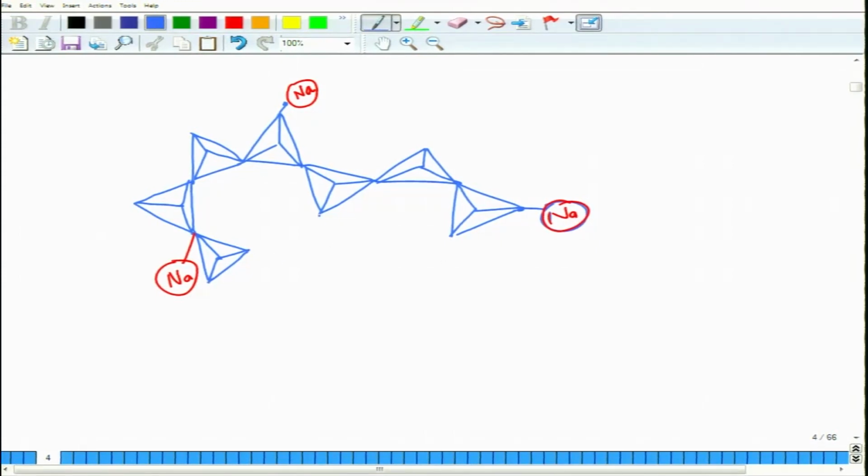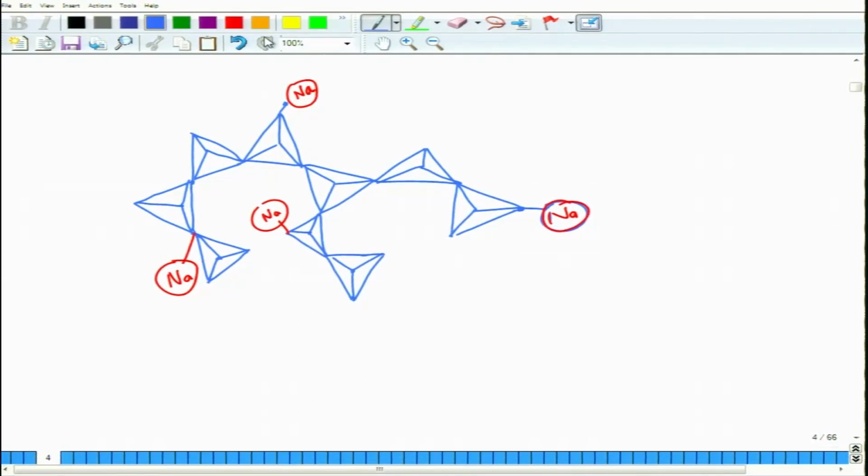You can have a sodium here, and so it doesn't need a 3D network to continue to make the structure.